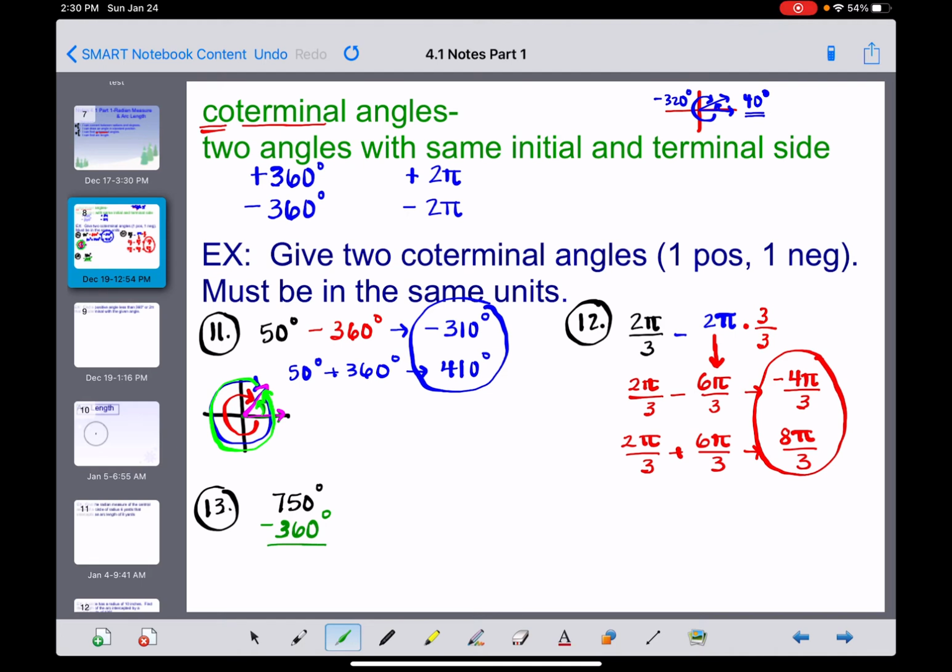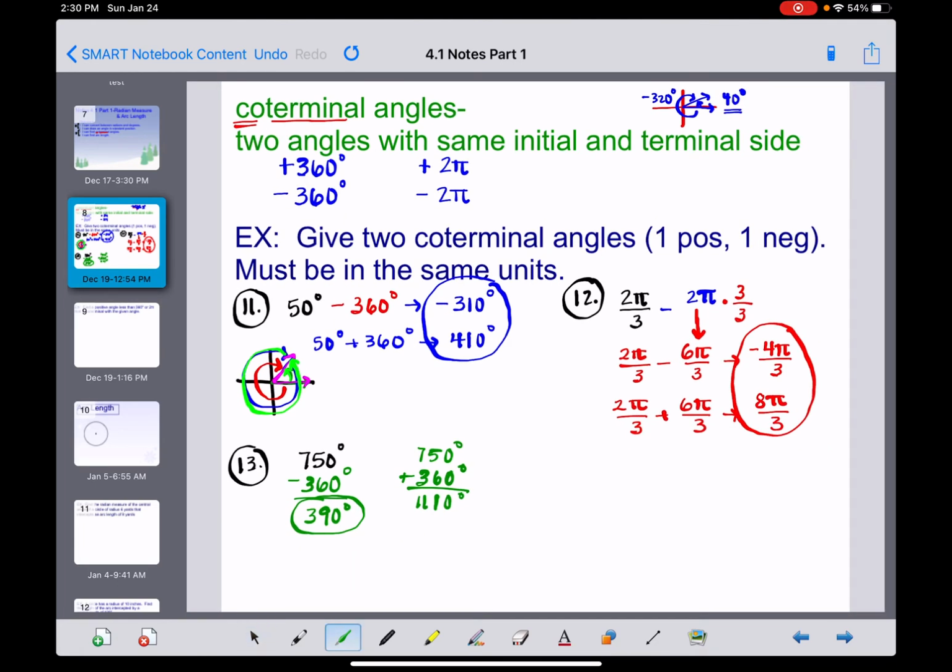So we take 750 minus 360, we get 390 degrees. Well, that's a positive coterminal angle. But then if I take my 750 and I add 360 degrees, well, obviously that's going to give me another positive answer. That's going to give me 1110. Well, I don't want another positive angle. I need another negative angle. I need one positive and one negative.